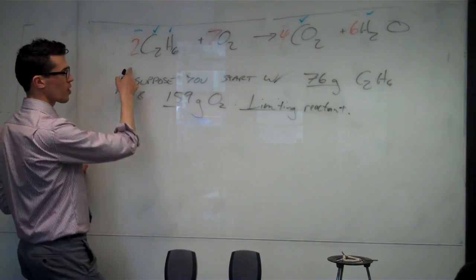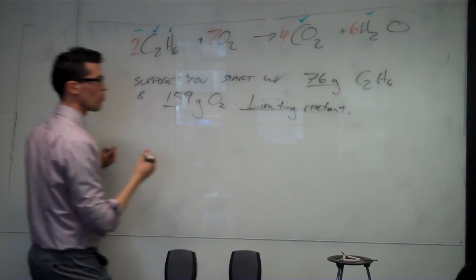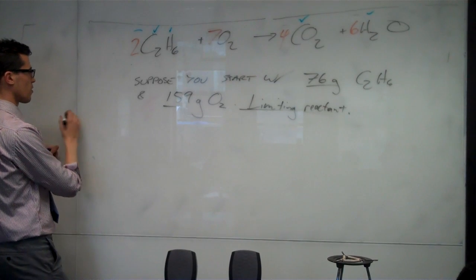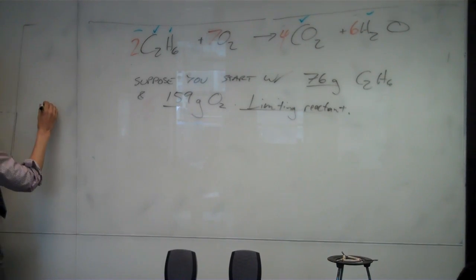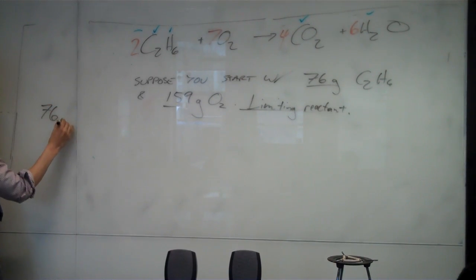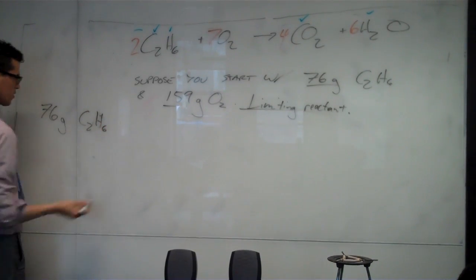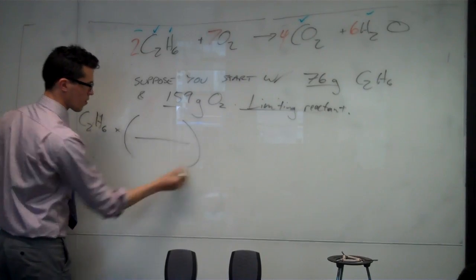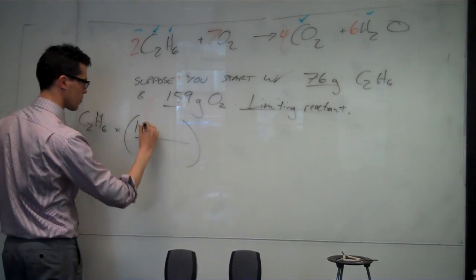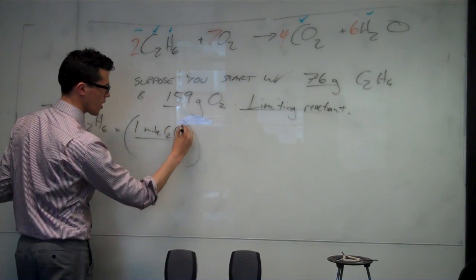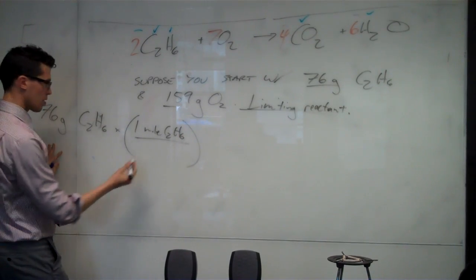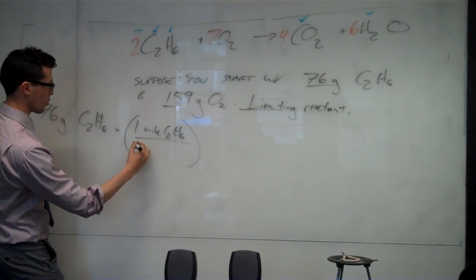To do this, you start off by seeing first how many moles of the C2H6 there are. So let's try it. Start off with 76 grams of C2H6. To convert into moles, you're going to be using 1 mole of that C2H6 and you divide it by the molar mass.